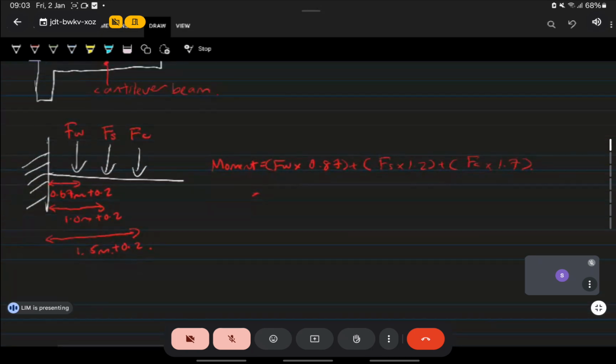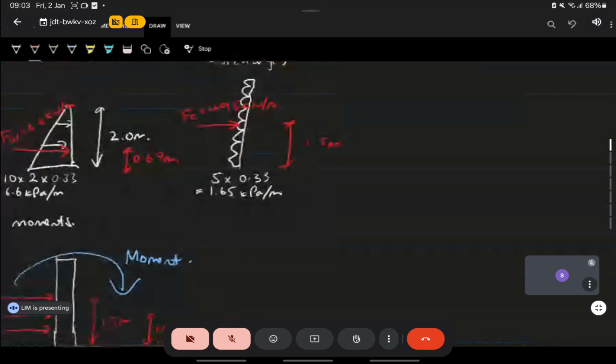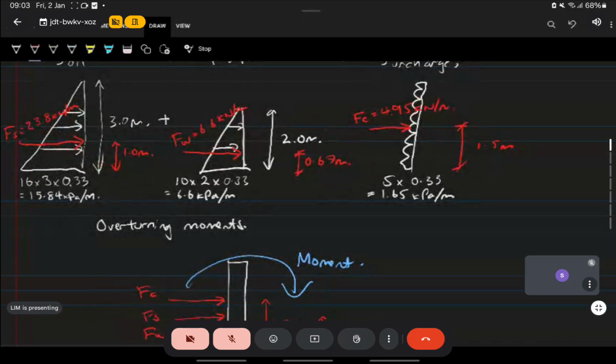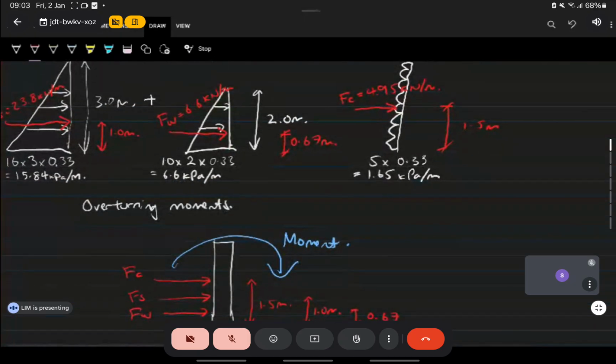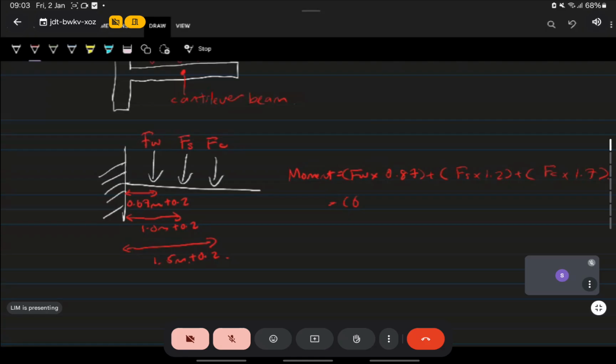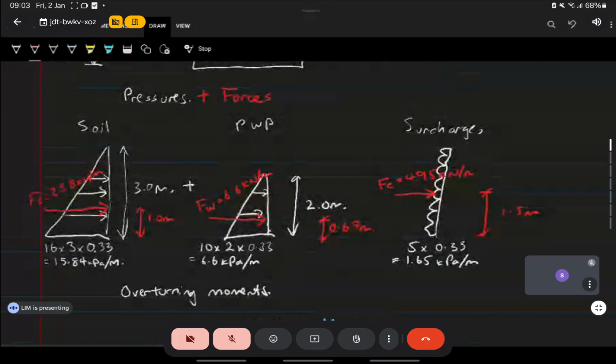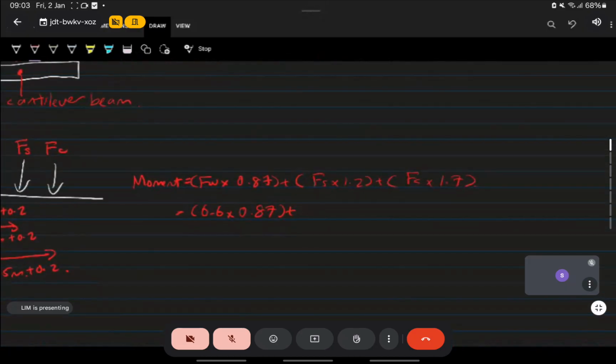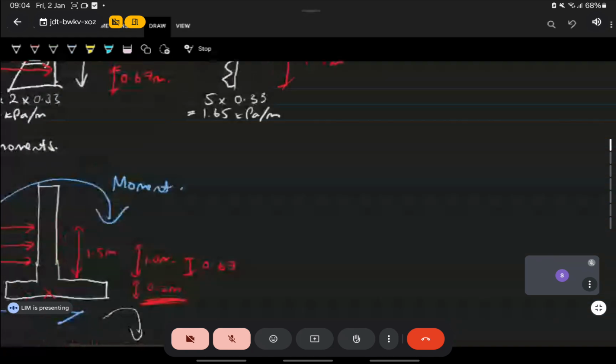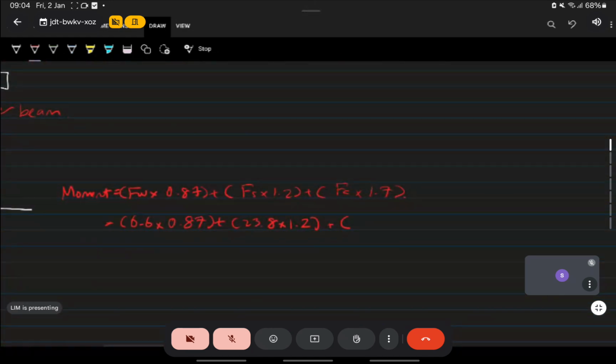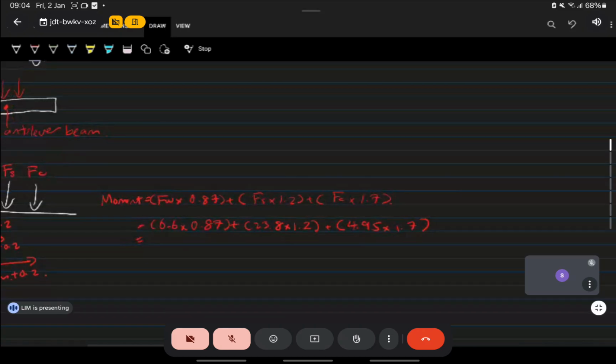What's the value of FW just now? 6.6. FS is 23.8 times 1.2. Plus FC, 4.95. There, that's your moment. You treat it as a cantilevering beam.